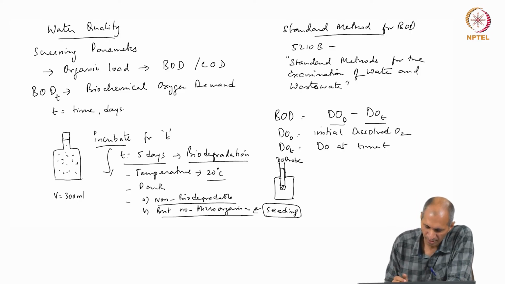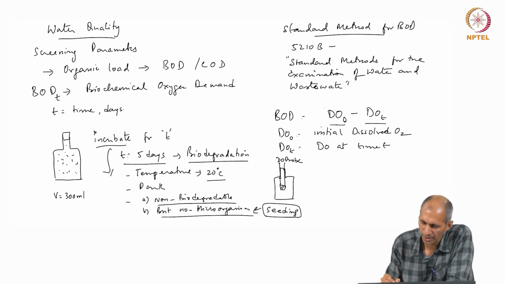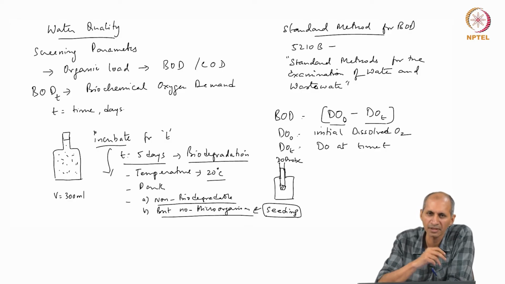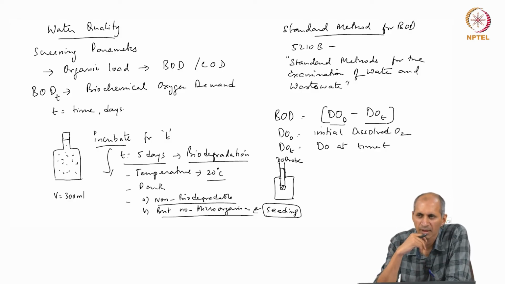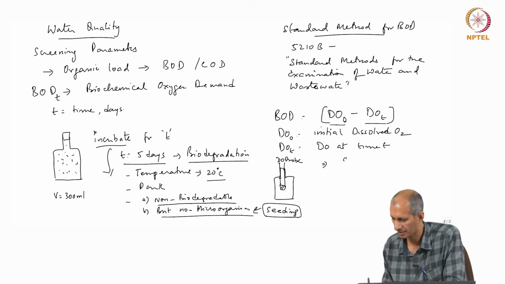Okay. So, you seed. Ideally what you would hope is that at the end of 5 days all your biodegradation is done, finished. So, we take an example. I will write the example in the next page.